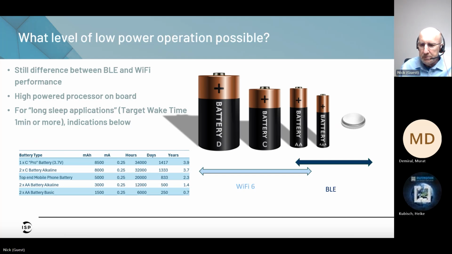So BLE, you could run potentially off something as small as a coin cell if you really are doing the low sleep mode type situation, and ones that are perhaps connecting more often, you could talk about AAA batteries, maybe up to AA perhaps.